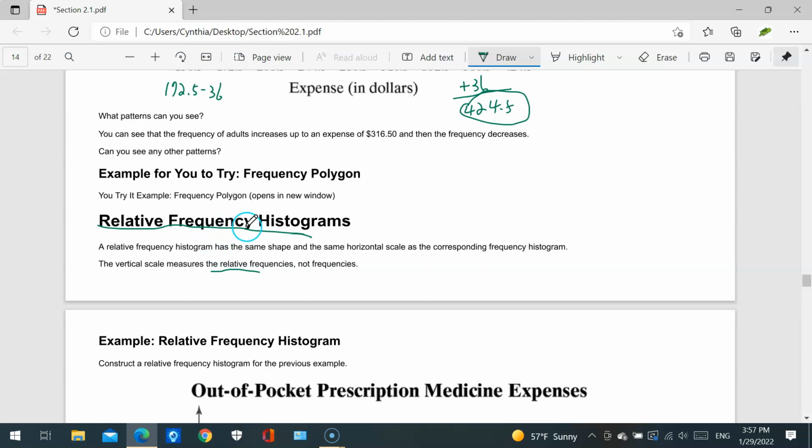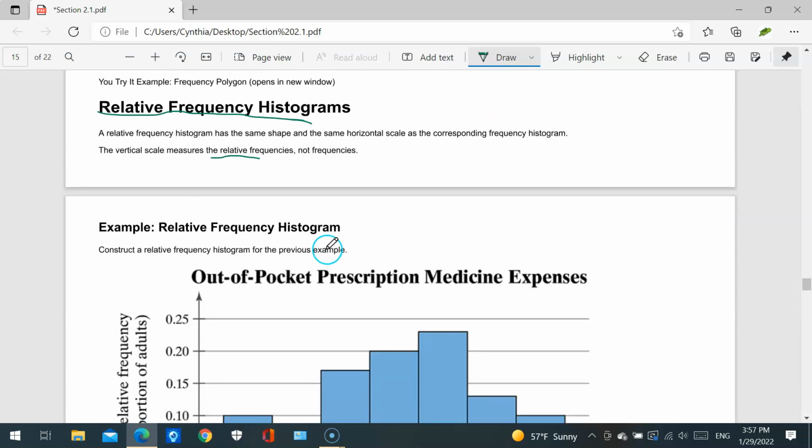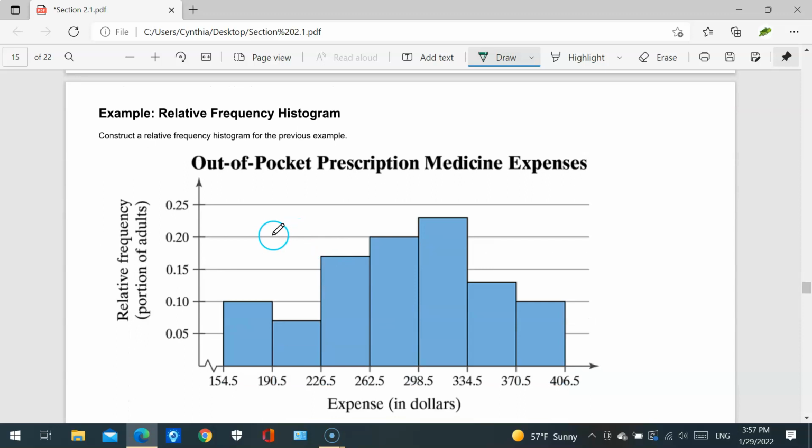Let's talk about relative frequency. Relative frequency is a ratio, right? It's a ratio between the frequency of each class and the total frequency. That is the relative frequency. The only difference between relative frequency and frequency is the vertical axis.